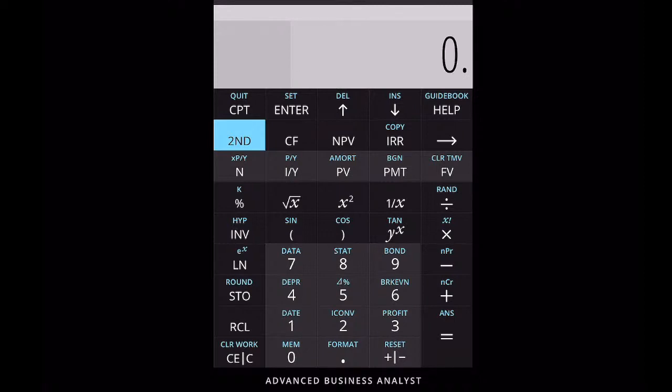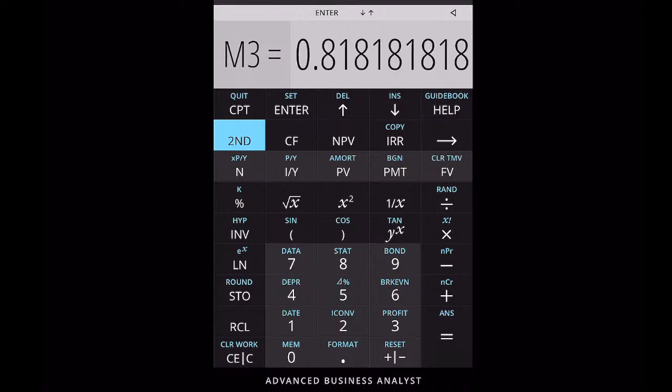Any questions? Let me do the memory again. So this is the memory. We have 9, 11, and the result of 9 divided by 11.